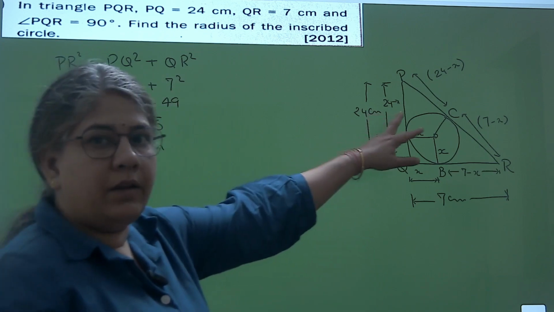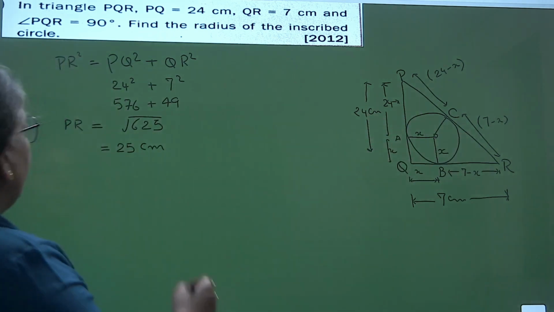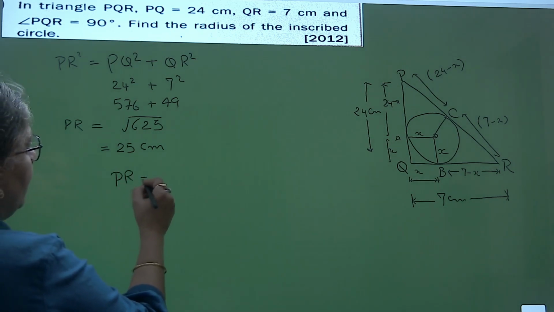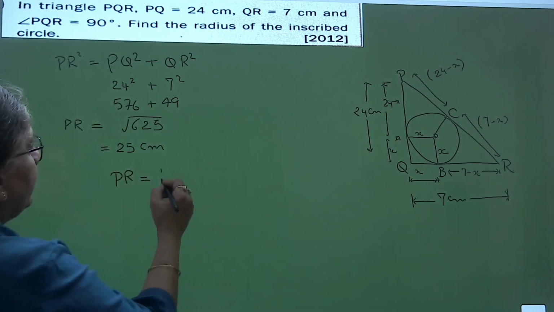Now we can equate these. PR we already know is 25 and PR is equal to PC plus CR.